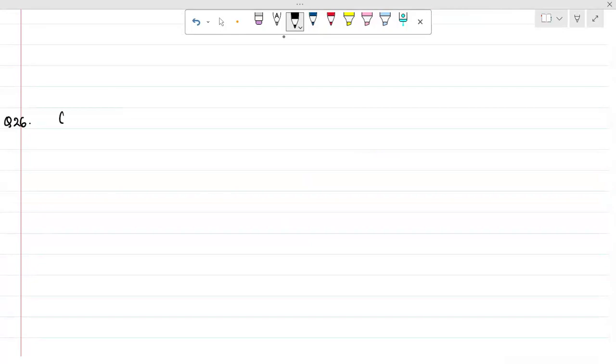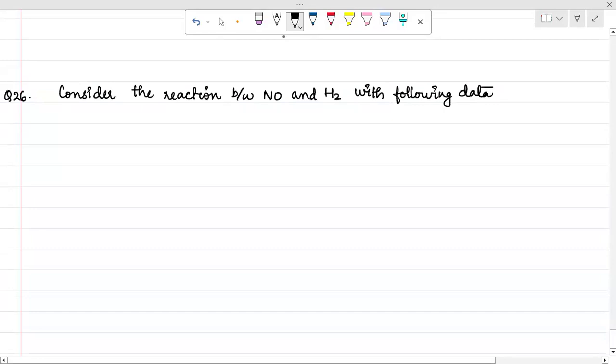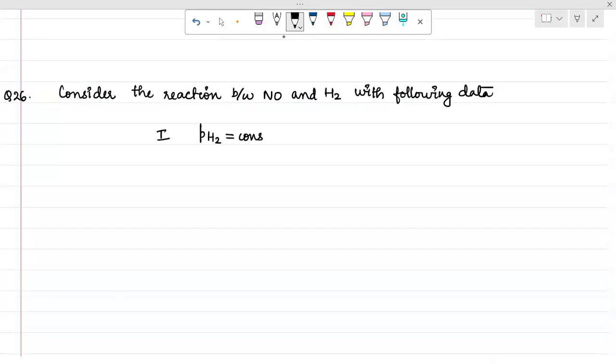Consider the reaction between NO and H2 with the following data. Case 1, the pressure of H2 is constant.